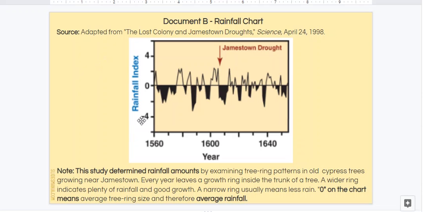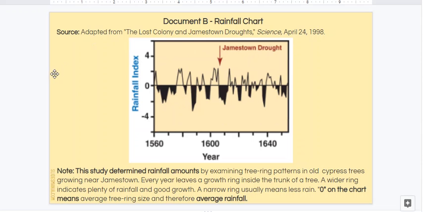So rainfall index, we have -4, 0, and 4. 1560, 1600, and 1640, the years are down here. And then Jamestown drought.